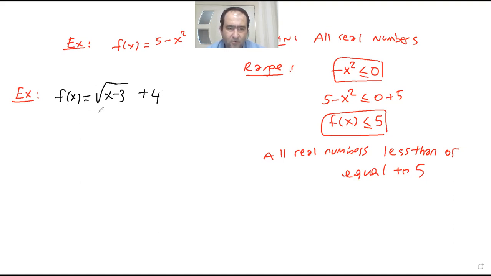In a square root, a negative number can't be. So it's equal to 0 or greater than 0. x minus 3 must be equal to or greater than 0. x is greater than or equal to 3.